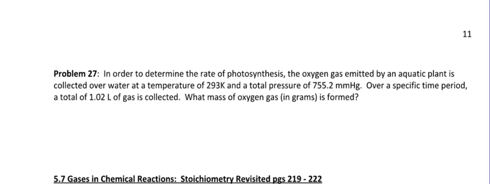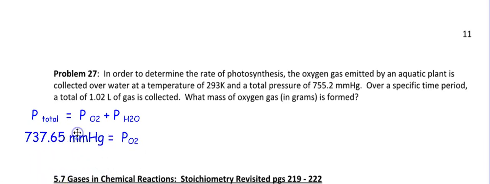All right, well, what's the first thing you ought to do? Why don't you go ahead and do that? What are you going to do? Did you do something like this? Now, folks, they didn't give you the pressure of water. So at what temperature is this? Well, subtract 273, what do you get? 20 degrees Celsius.